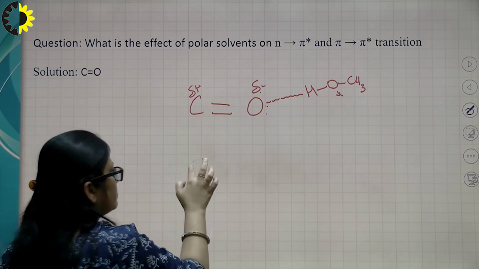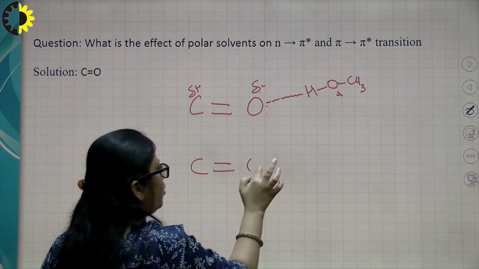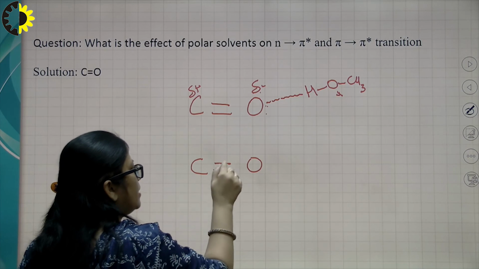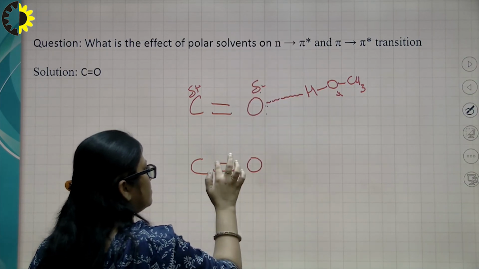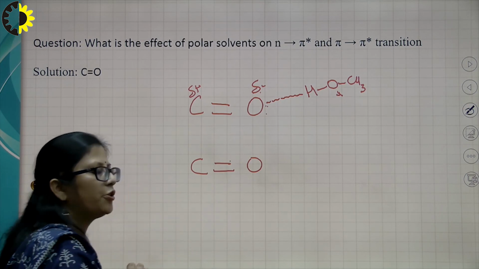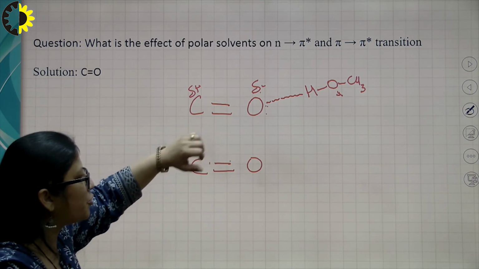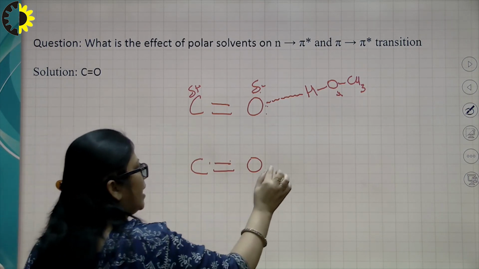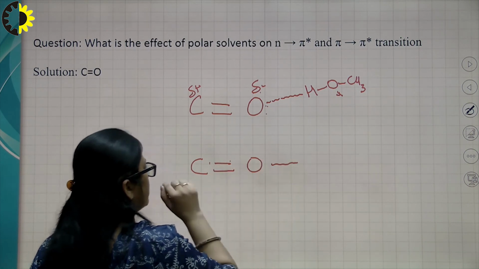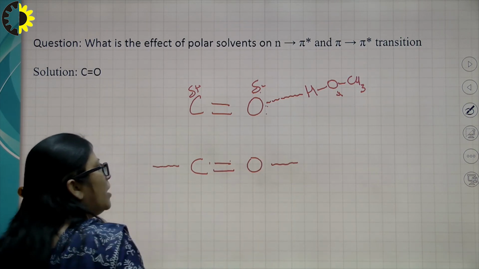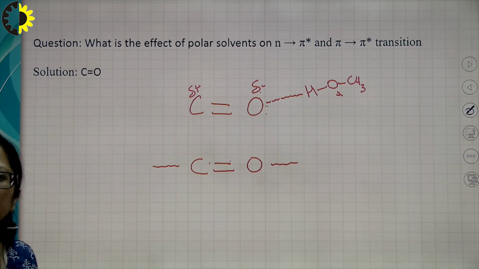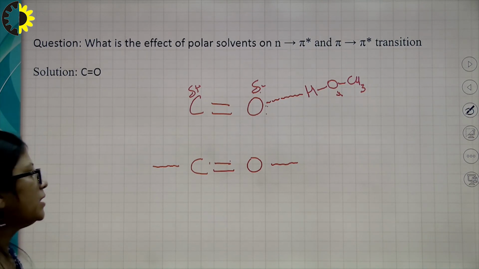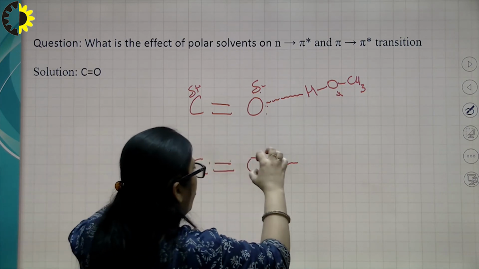Now, in this C=O bond, these are the pi electrons here, this is the pi bond. So, for pi electrons, when I take a polar solvent, the polar solvent tends to form a bond. When the polar solvent tends to form a bond, this bond gets elongated.